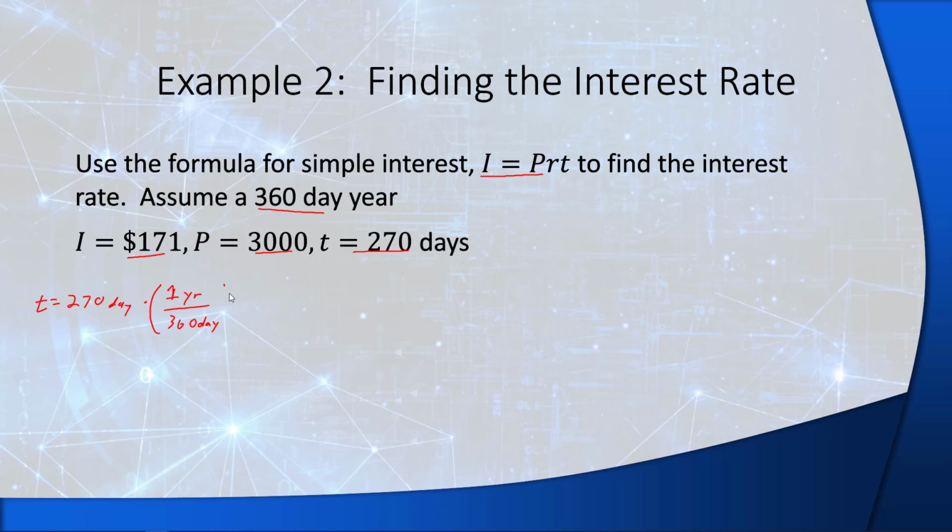And that will give us 270 over 360, which equals 3/4 or 0.75 per year.